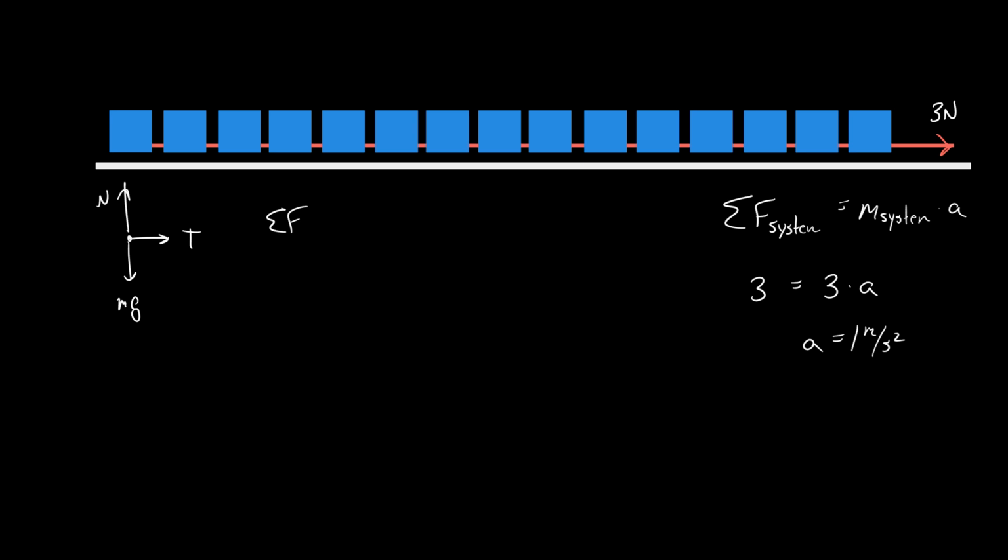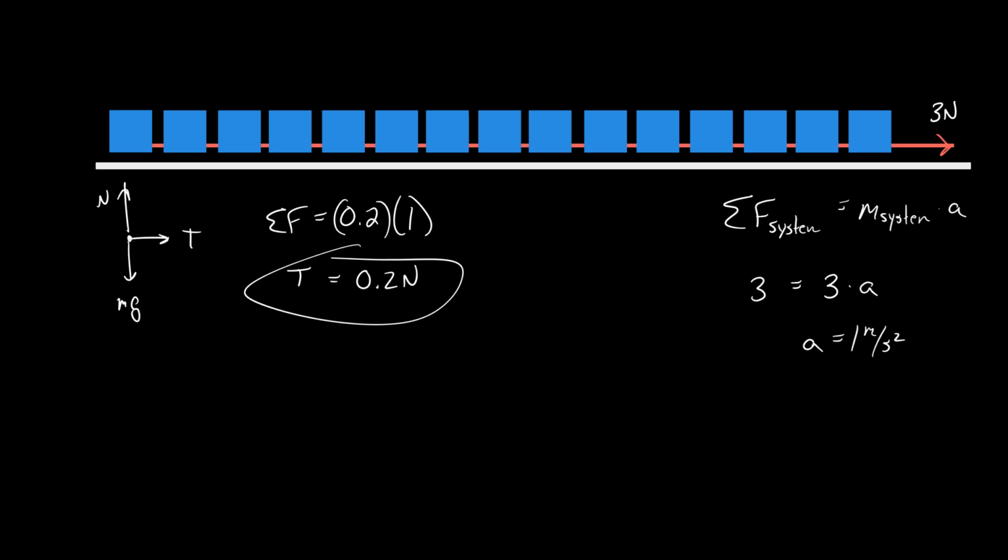Net force on the last car equals M, 0.2, times A, 1. So the net force is 0.2 newtons. That is from the tension, the only thing pulling on the car to the right. One little car, that one. All good? Any questions about that?